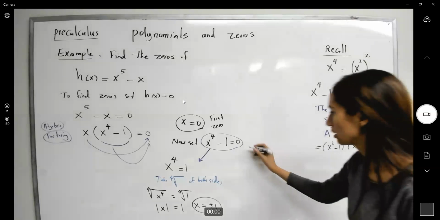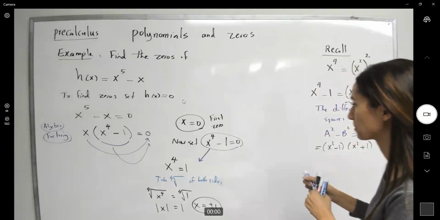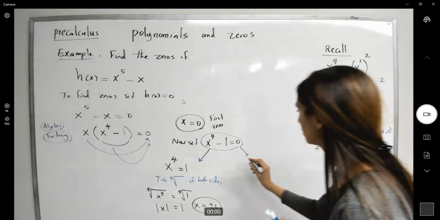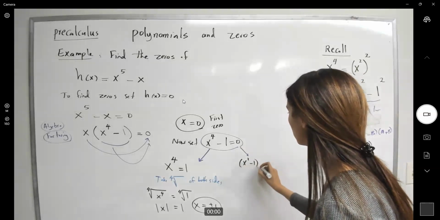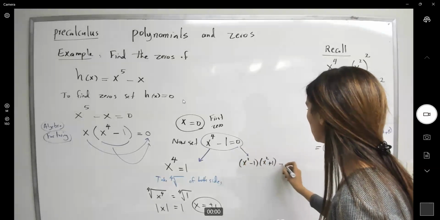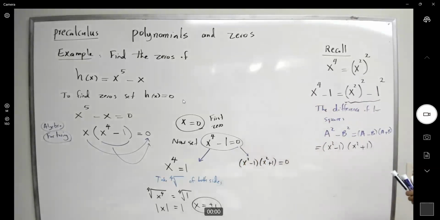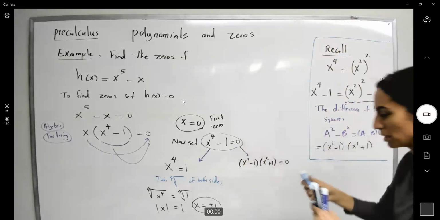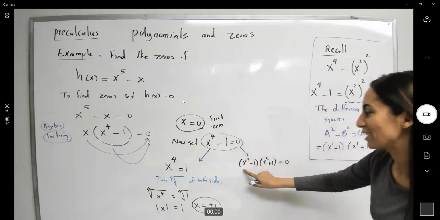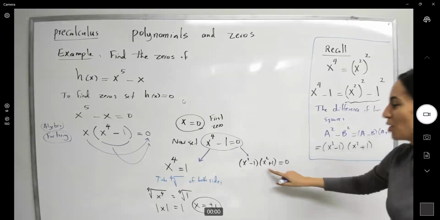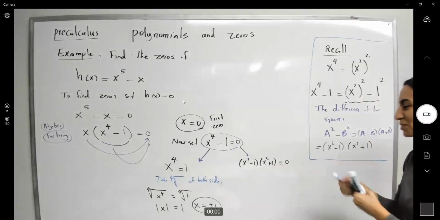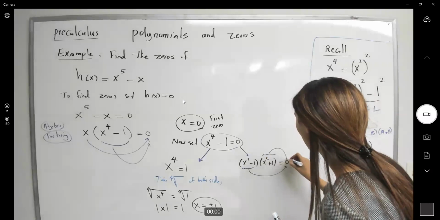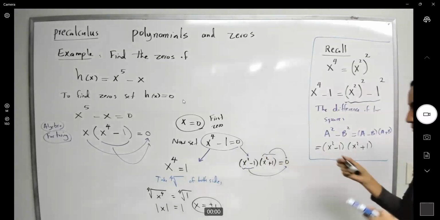So this can be written as x squared minus 1 times x squared plus 1 equal to 0. This means that either x squared minus 1 is equal to 0 or x squared plus 1 is equal to 0. So set this equal to 0, then set x squared plus 1 equal to 0.